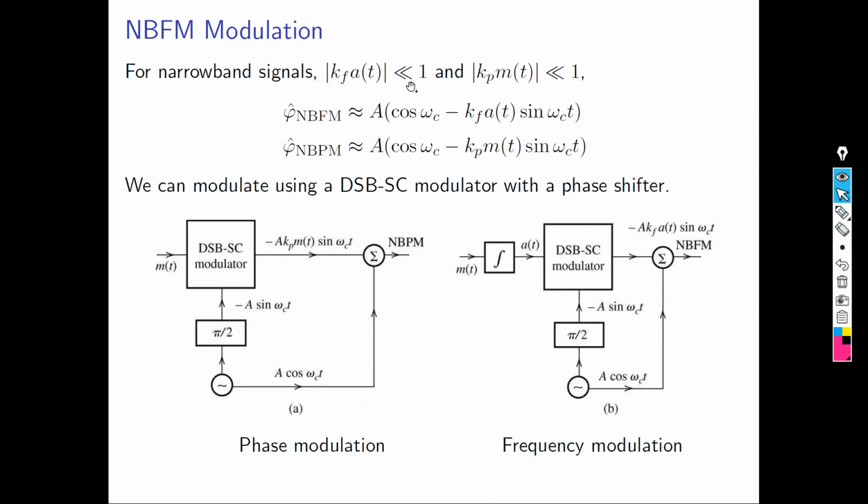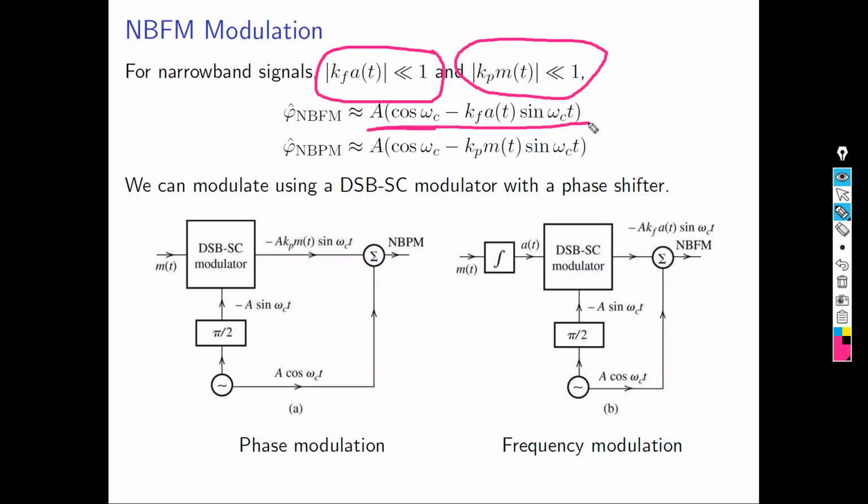So for narrowband signals, this is kind of repetition. We have this condition satisfied, which leads to this condition as well, and for frequency modulation you have this formula. You have A of t, which is the integration of the message, and for phase modulation you have directly m of t. You can represent these formulas by using block diagrams, as you can see here.